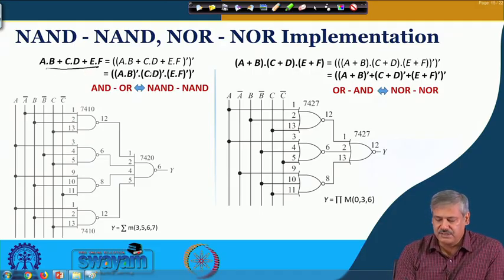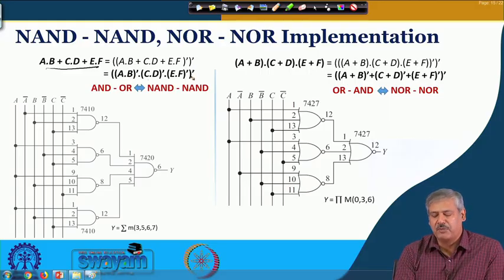In this case you can take the double complement of it, and then from De Morgan's theorem you can see that this A B becomes A B prime, that is your NAND operation here, and this is the NAND operation of C D, NAND operation of E F, and ultimately all of these individual NAND outputs are ANDed and complemented.